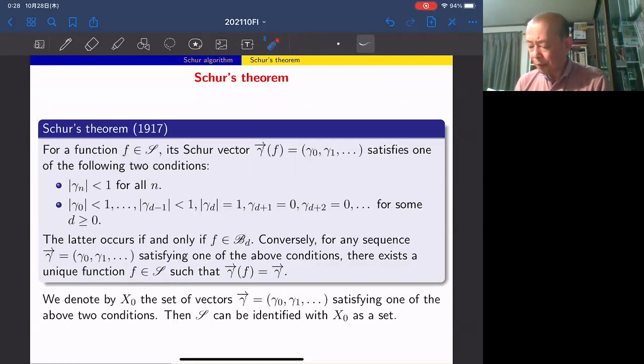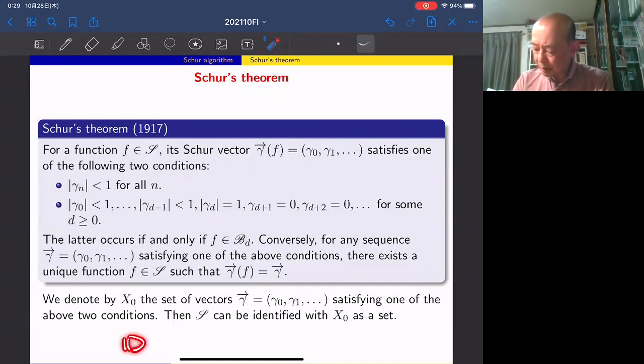And in what follows, we will denote by X naught the set of all vectors satisfying one of the above two conditions. Or in other words, this set is the set of Schur vectors arising from functions f in the Schur class. The point is that X naught is not necessarily the whole space.